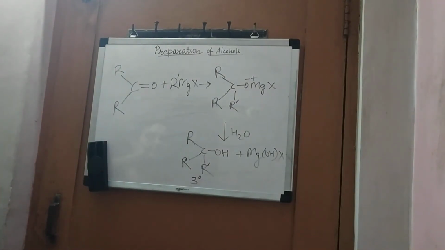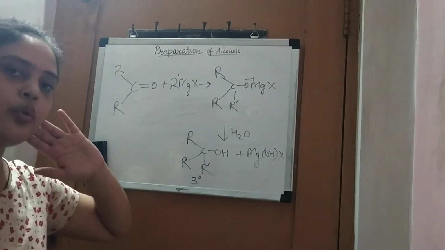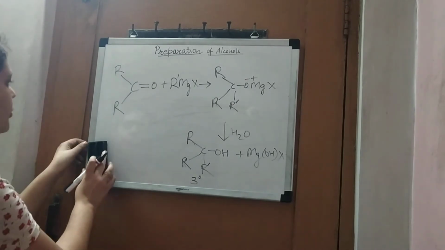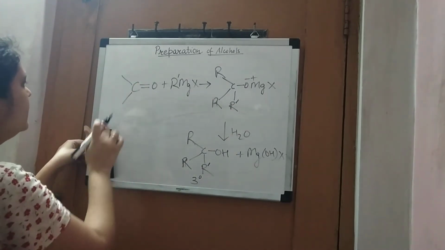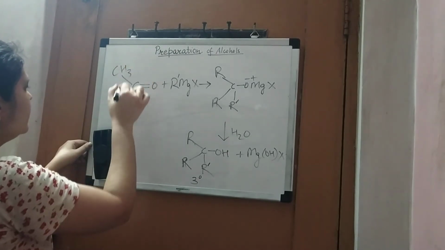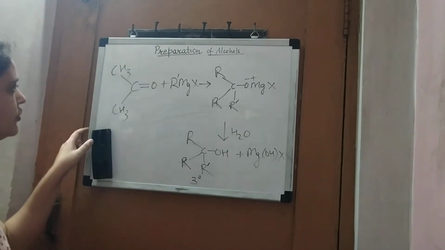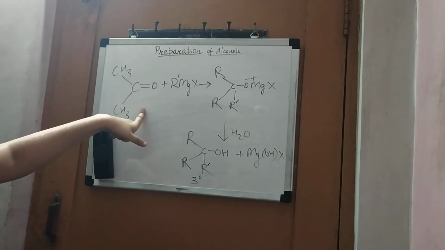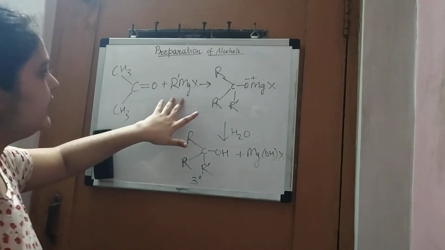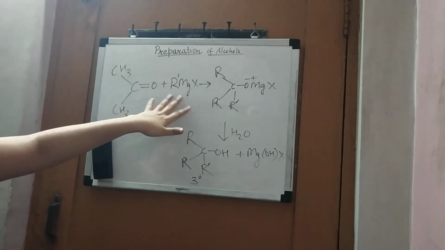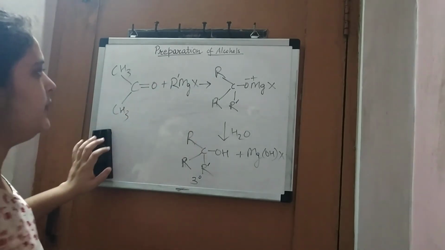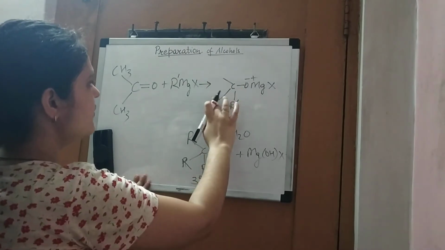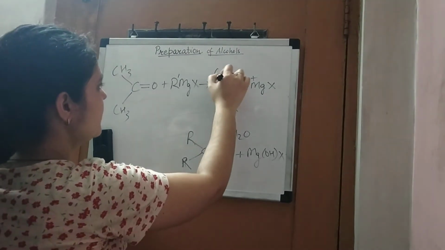Now let us take an example. If you take the example of propanone, here CH3 will come, and here also CH3. So this is propanone. Now you are adding R' MgX, the Grignard reagent.